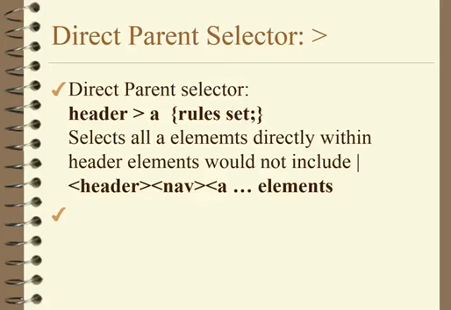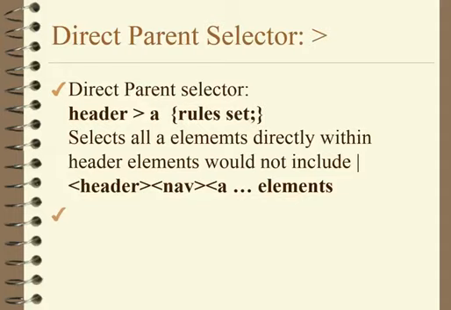It would apply, for instance, if I said header, greater than symbol, nav, then it would apply to the nav, okay? And this is kind of subtle, so it turns out that the other one that we used before will apply anywhere within that, okay?